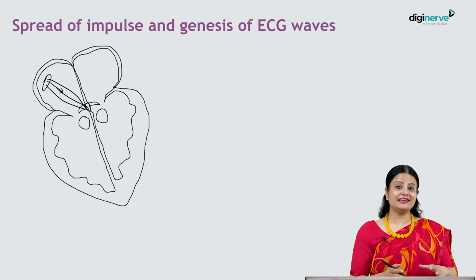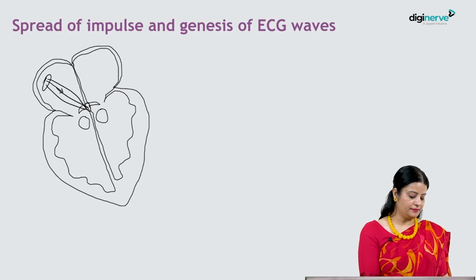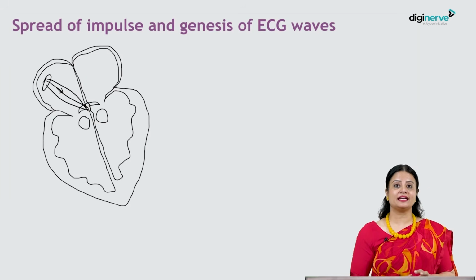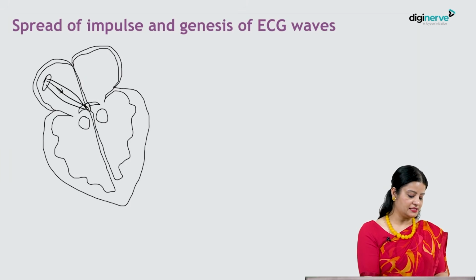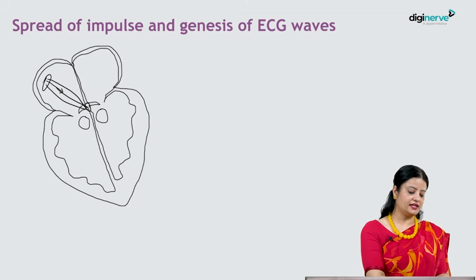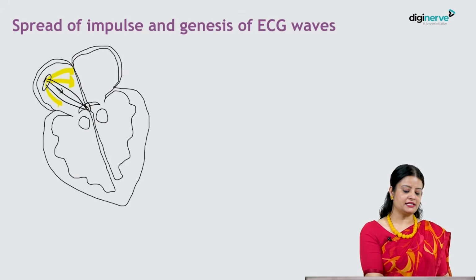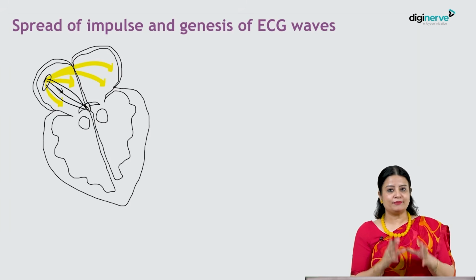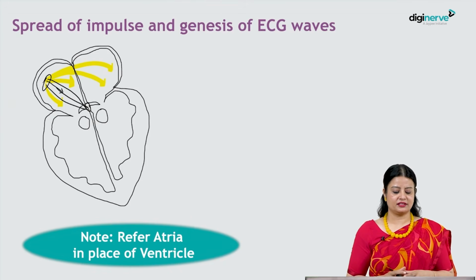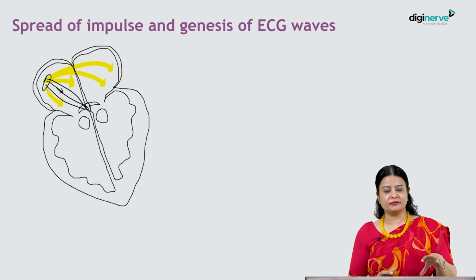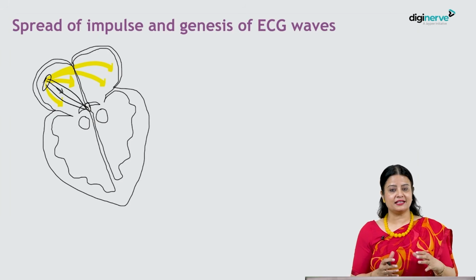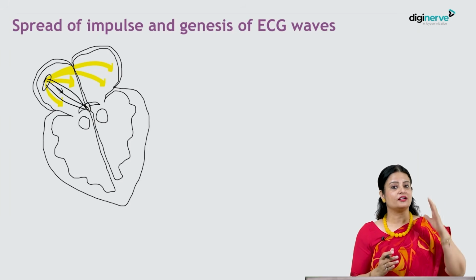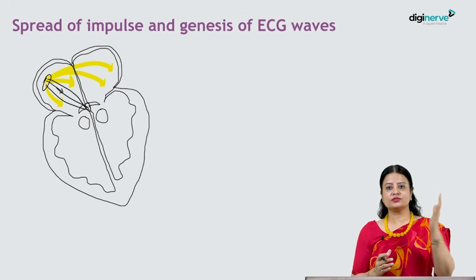But it being an atrial syncytium, the impulse spreads in the atria from the right atrium to the left atrium, depolarizing the entire atria. So during the spread of impulse, we all can see that the current is moving from the SA node to the atria.